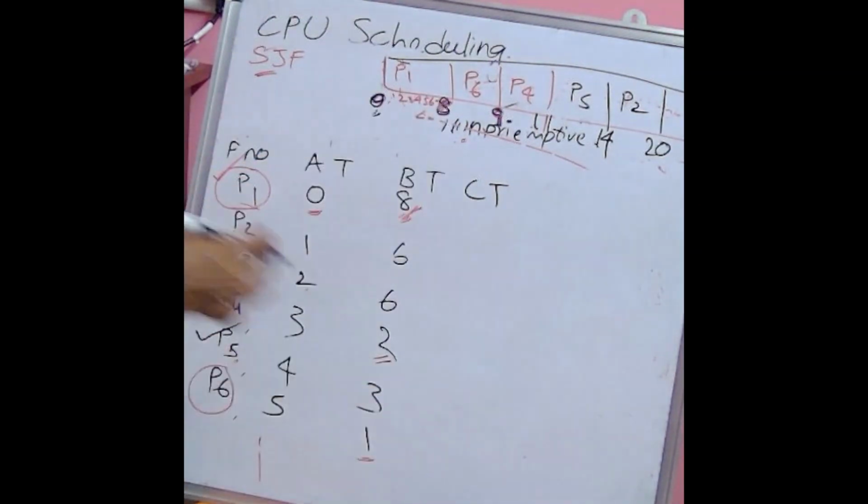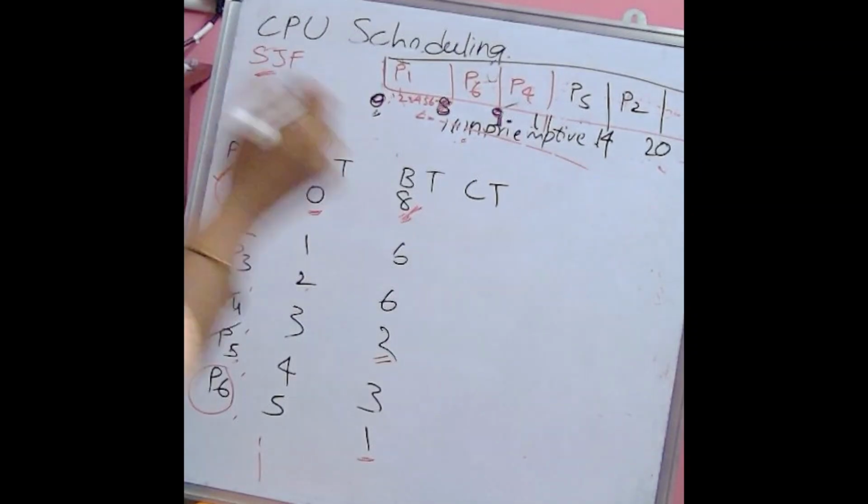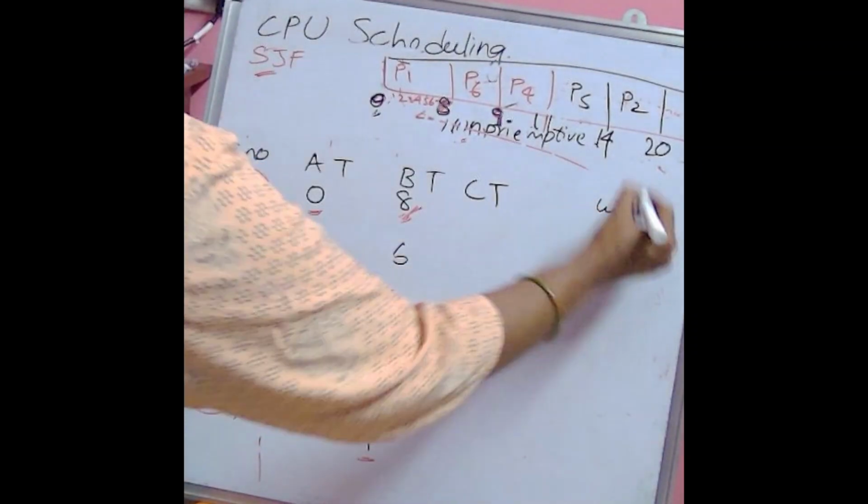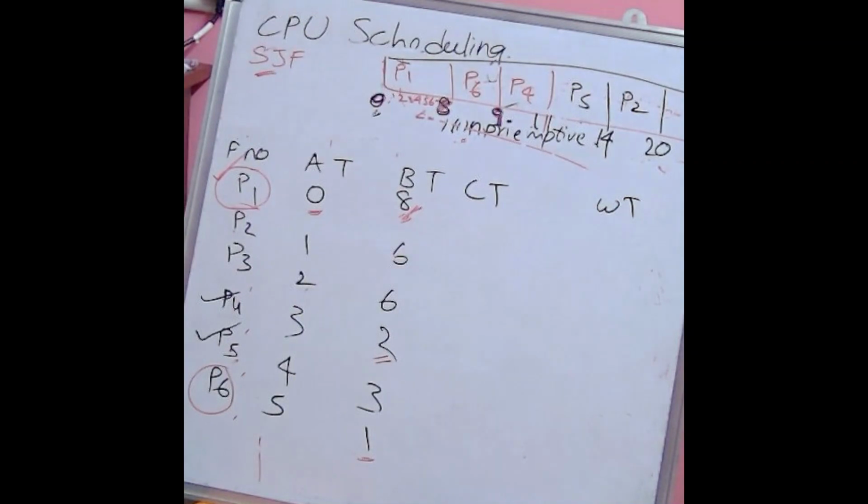But to calculate the average waiting time and average turnaround time, what is waiting time? How much time a process spends in main memory waiting for the allocation of CPU, that we call waiting time. And what is turnaround time?